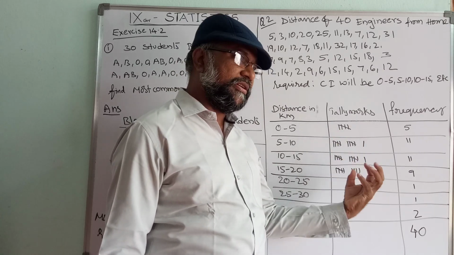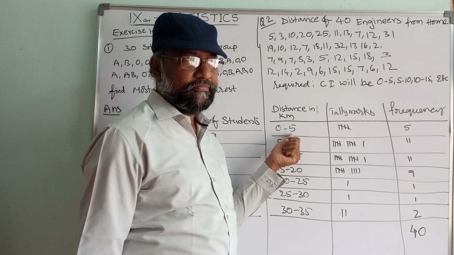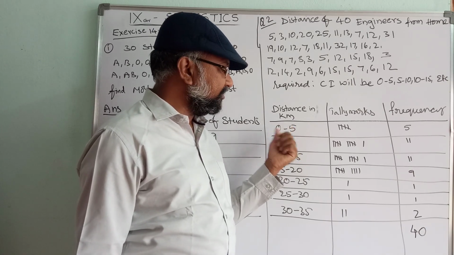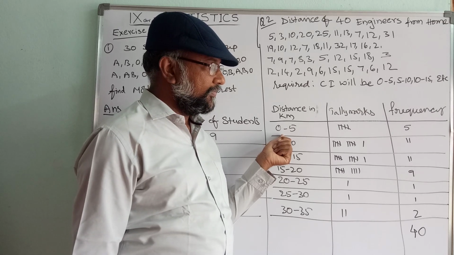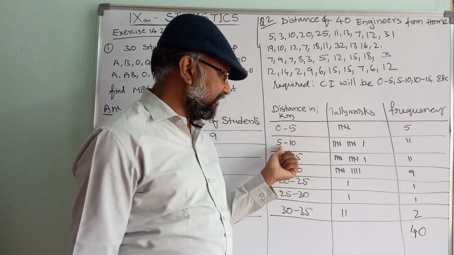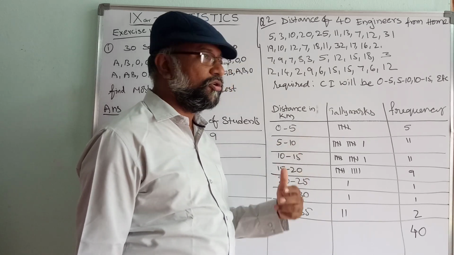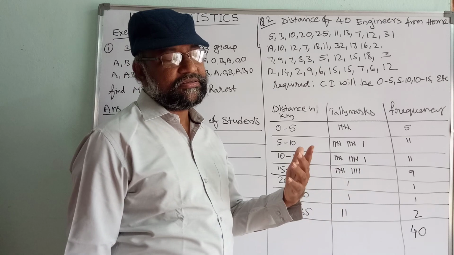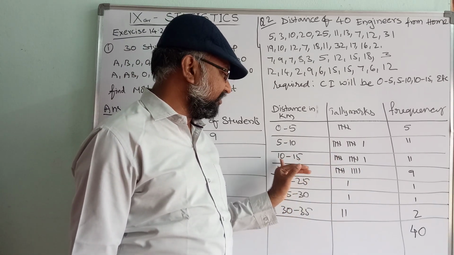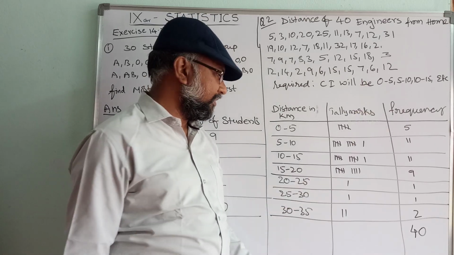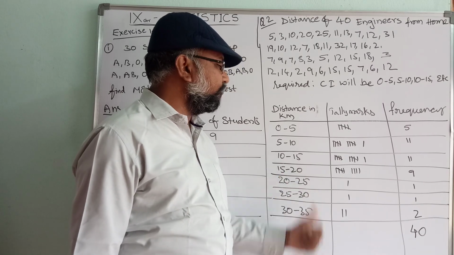5 engineers are very near to the factory, and 11 engineers are just a little away from the factory, 5 to 10 kilometers, maybe 5 kilometers, 6, 7, 8, 9, and 11 engineers 10 to 15, and 9 engineers 15 to 20.